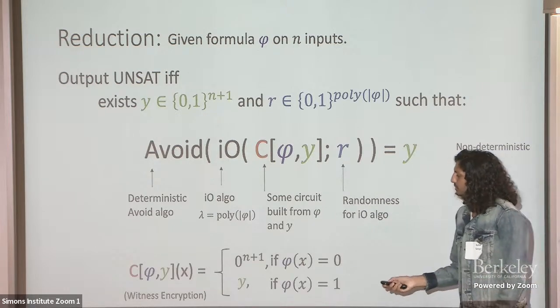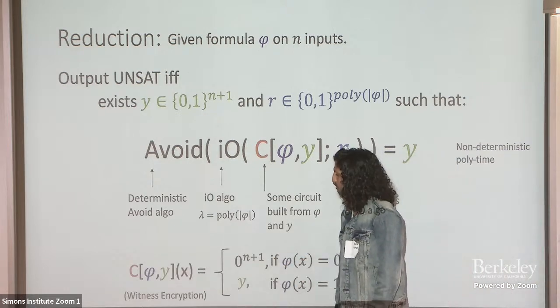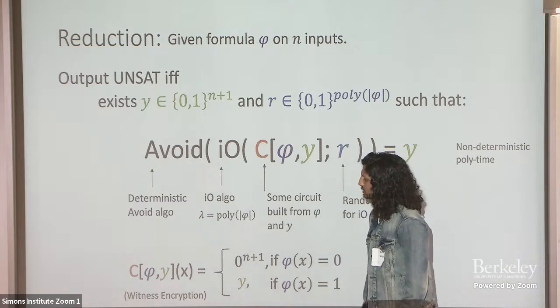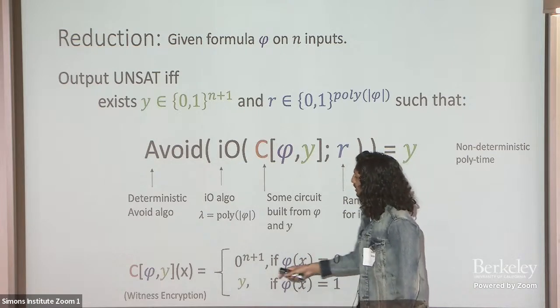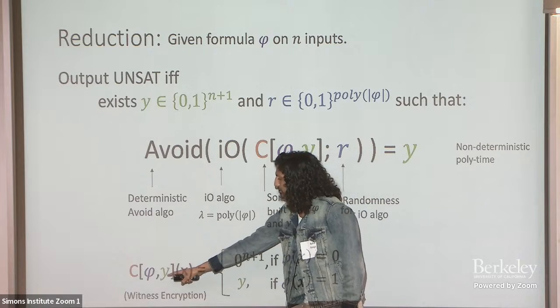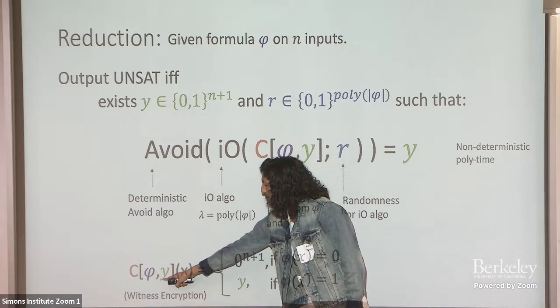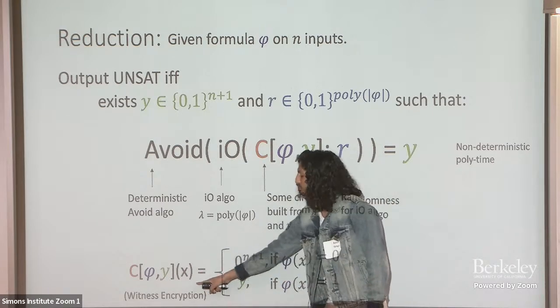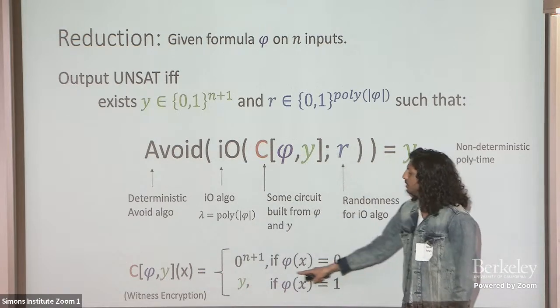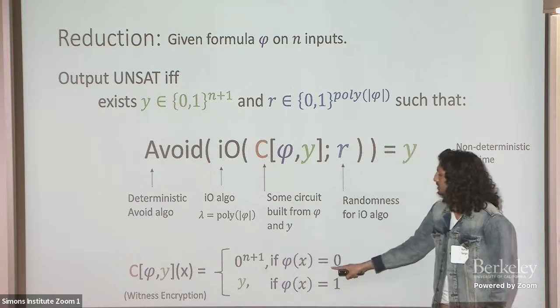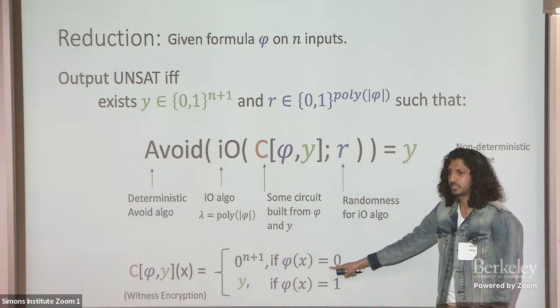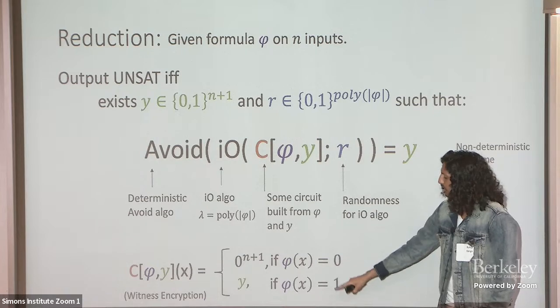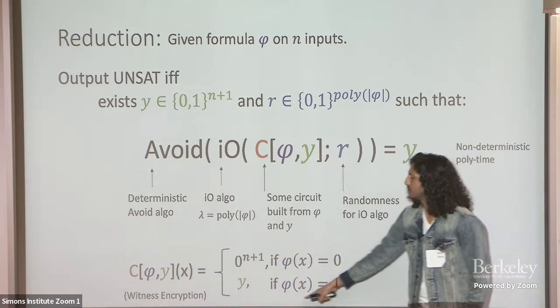So what is this circuit? If you're familiar with the cryptographic literature, it's basically this construction of witness encryption from IO. The circuit, constructed from phi and y, is computing the following function. Given x, it'll output all zeros if phi is not satisfied at x. On the other hand, if phi is satisfied at x, it's going to output y.